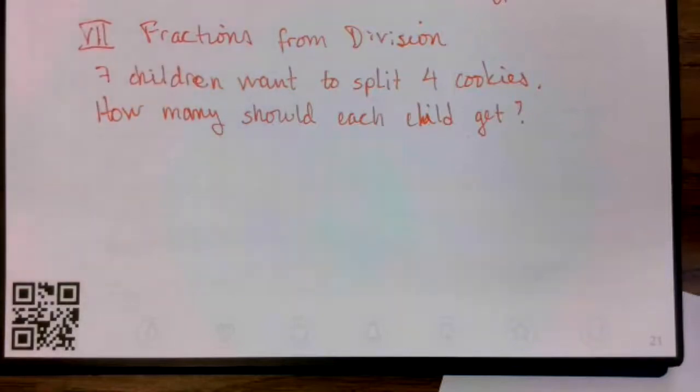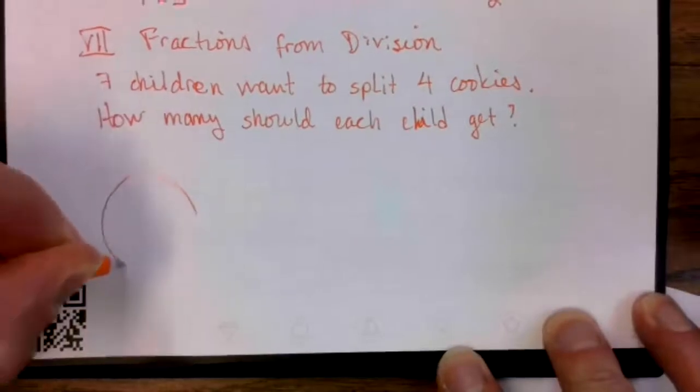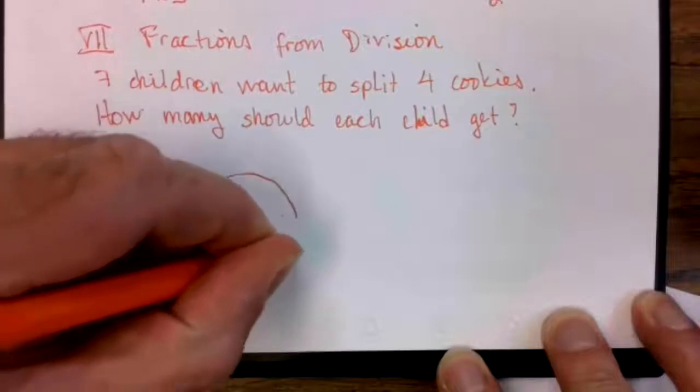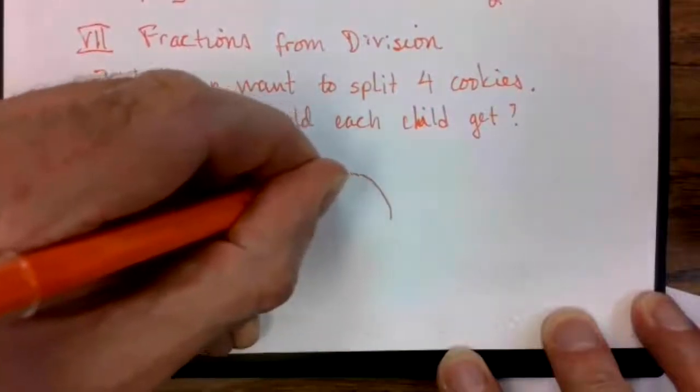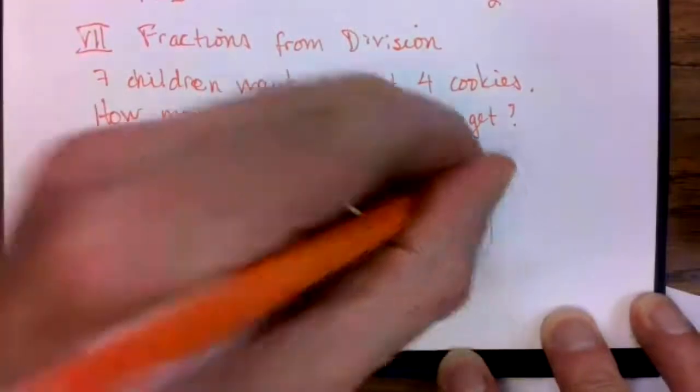Okay, so what should I do here? How many pieces should I cut the cookies into? Let me draw 4 cookies. Just circles like I had a second ago. 1, 2, 3, 4.